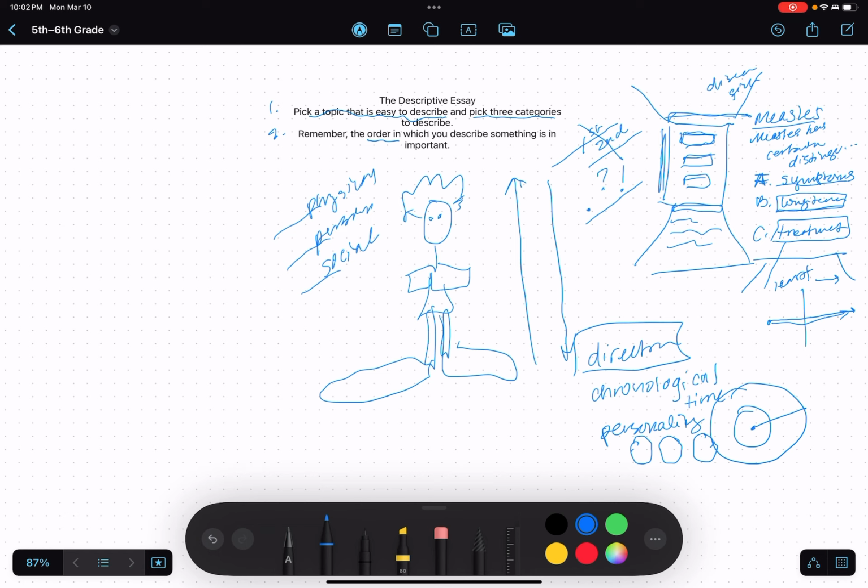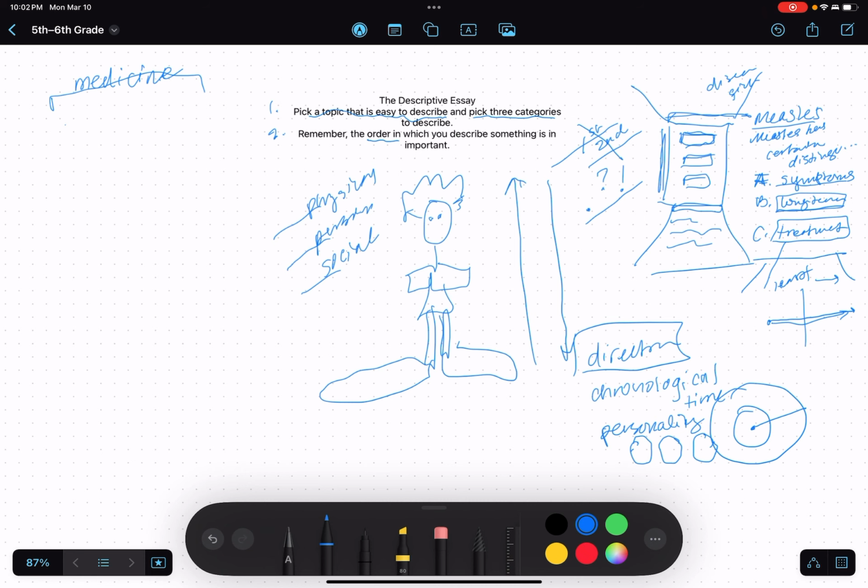So just some other ideas here of times you might use a descriptive essay to stir up your creativity. But like I said, I thought of the measles article. I recently read an article describing a new product. It was a new accessible medicine on the market, but it's targeted to everyone.